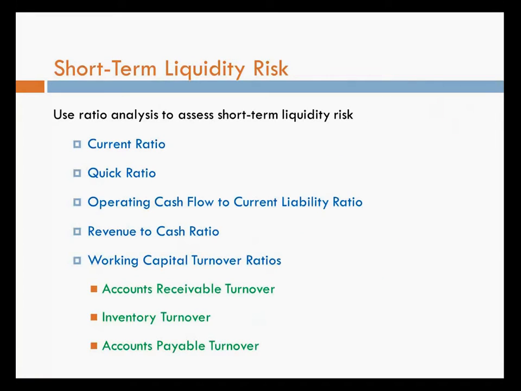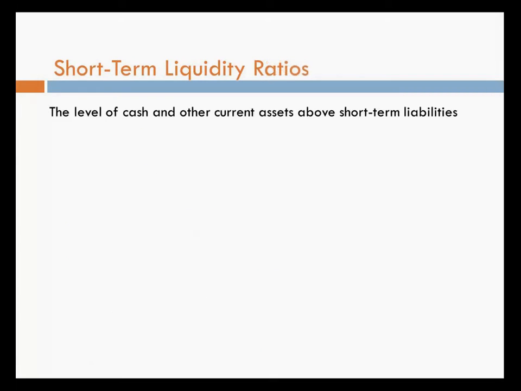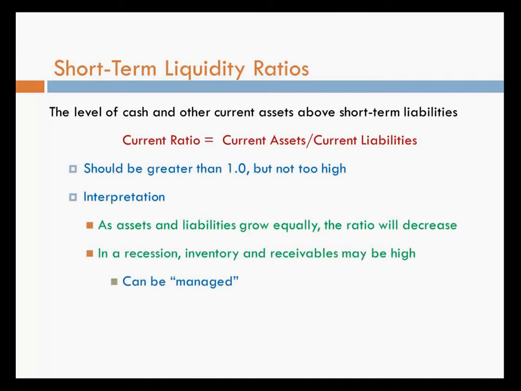So it's important to do some ratio analyses to understand the liquidity risk of your companies. And there are lots of ratios. Figure out which ones work for you. Probably the most common is the current ratio, which very simply is current assets divided by current liabilities.